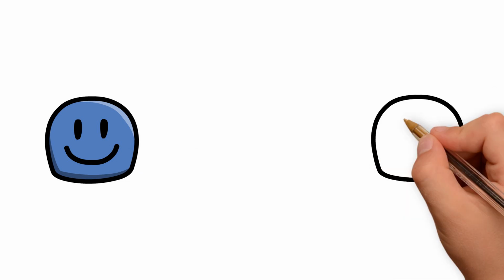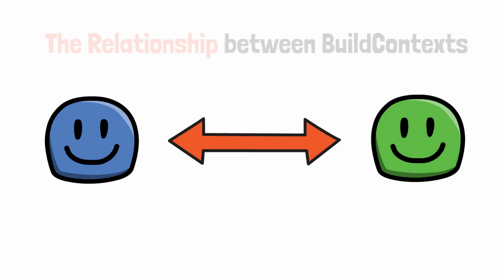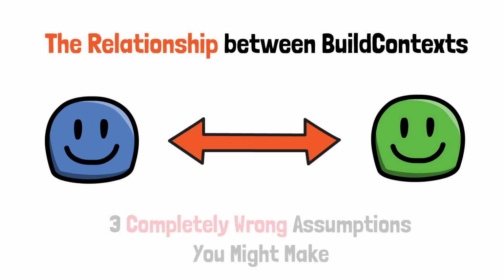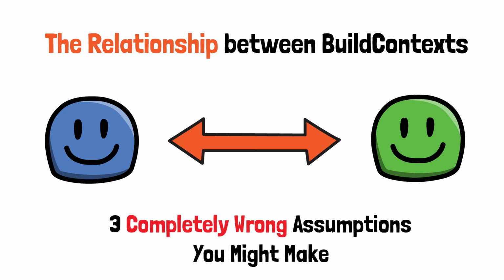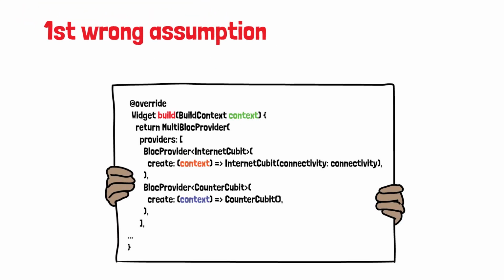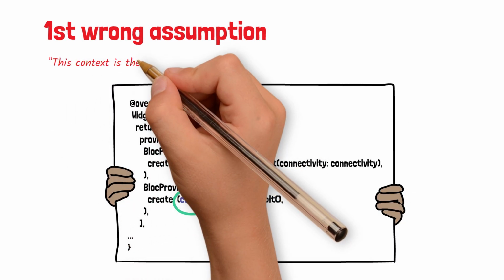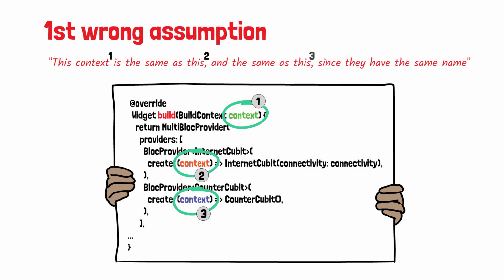Now, please pay a little bit more attention because I'll tell you the relationship between different build contexts. I'm going to tell you 3 completely wrong assumptions you might make during the development of your app. Firstly, you might be tempted to say since all these build context instances have the same name, then that means we're talking of the same build context over and over again.